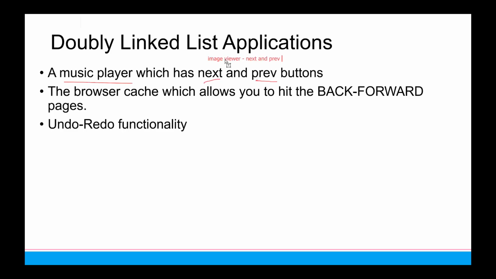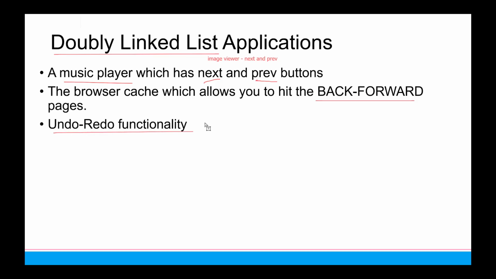That's how we can define the doubly linked list. And the browser types allow you to hit back and forward. If you have the back and forward functions, it means they apply this doubly linked list. And this is for the undo and redo functionality.